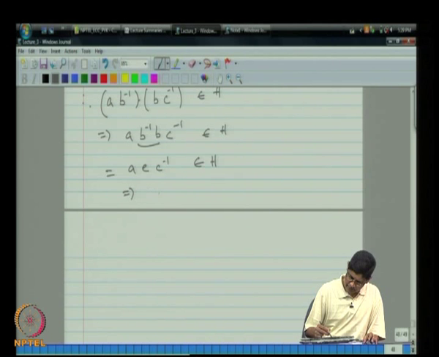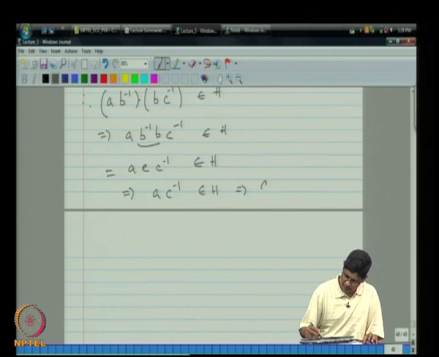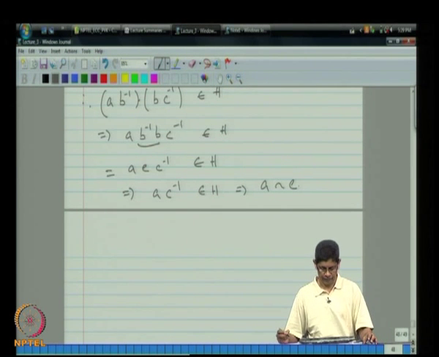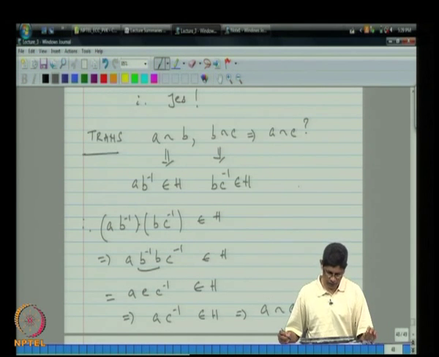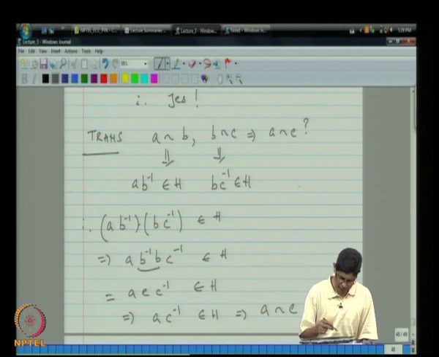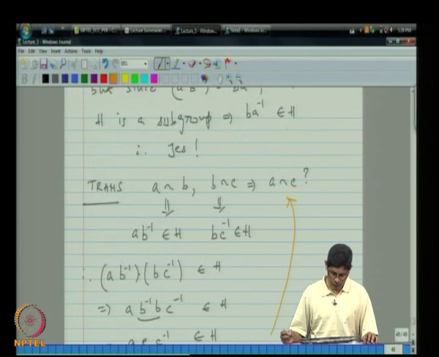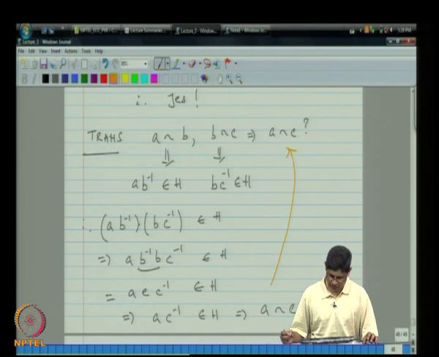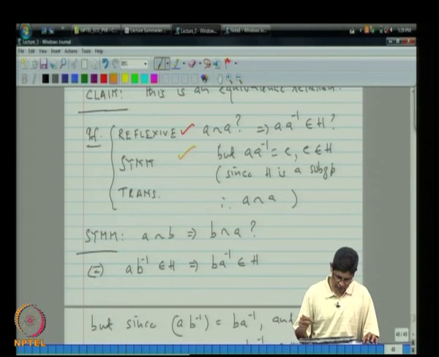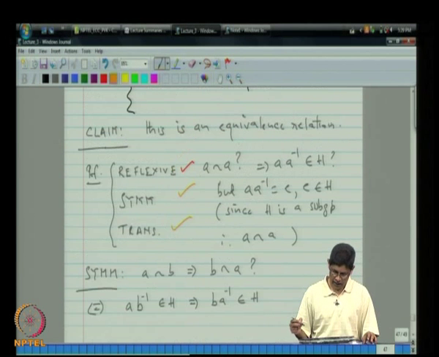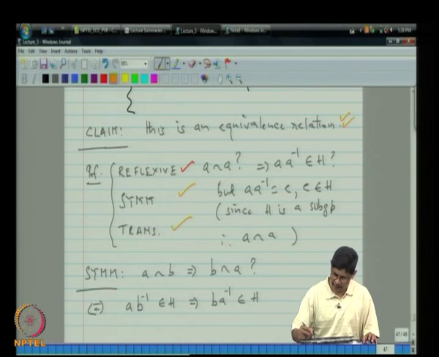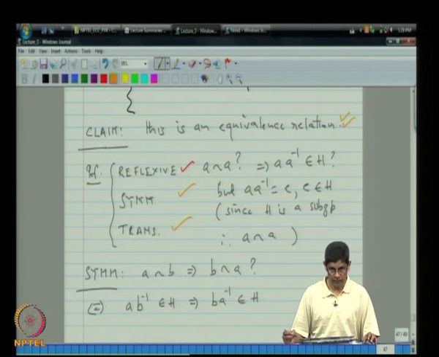So, this implies that A C inverse belongs to H, but that means that A is equivalent to C. Okay. So, we have actually proved what we wanted to prove. So, all three properties are satisfied. So, we will put a tick mark on this one as well, and so we have established that this is an equivalence relation.